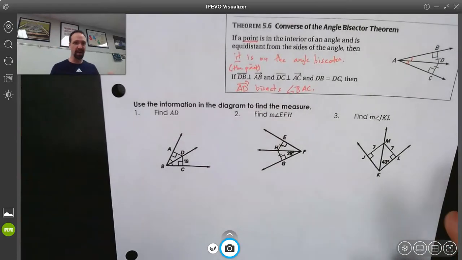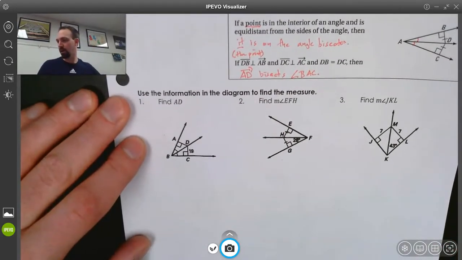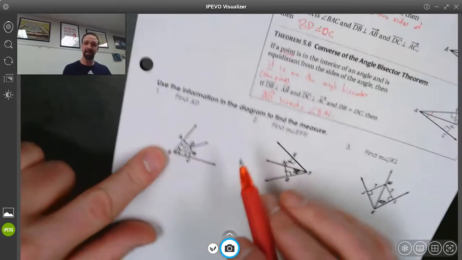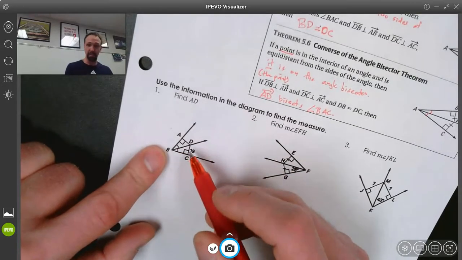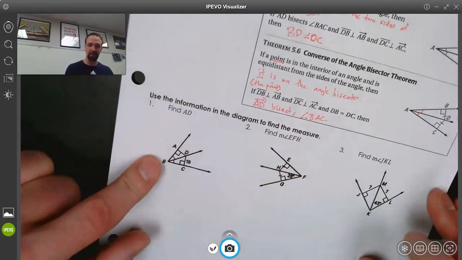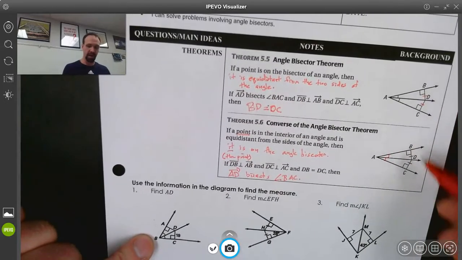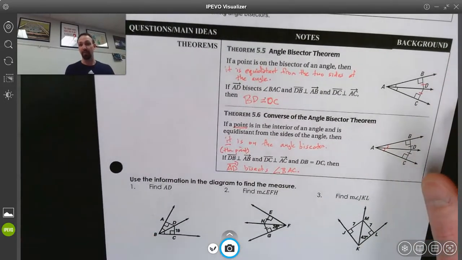So we're going to use the diagram to find the measure. For this first one, we want to find the length of AD. Because I have these congruency arcs here, and these are perpendicular, this satisfies the angle bisector theorem. A good way to tell is, does it fit without the red markings?